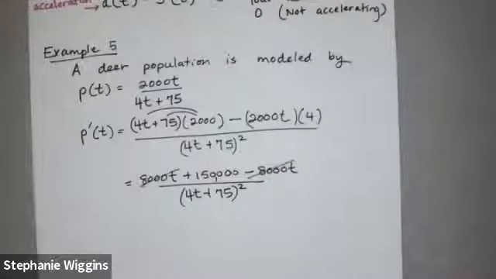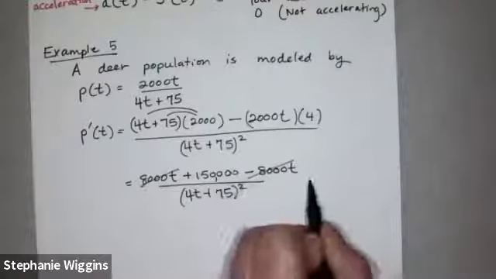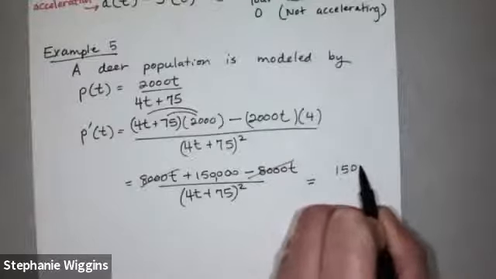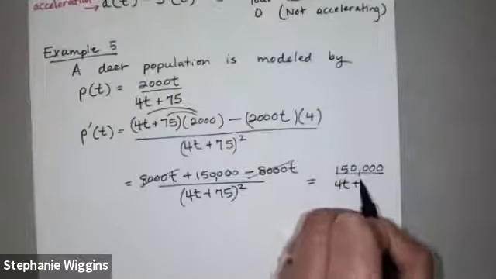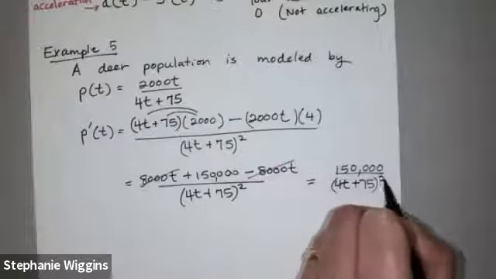Because this section is the higher order derivative section, 1.8, they want you to calculate the second derivative, which is the derivative of this. This simplifies as 150,000 over 4t plus 75 squared.